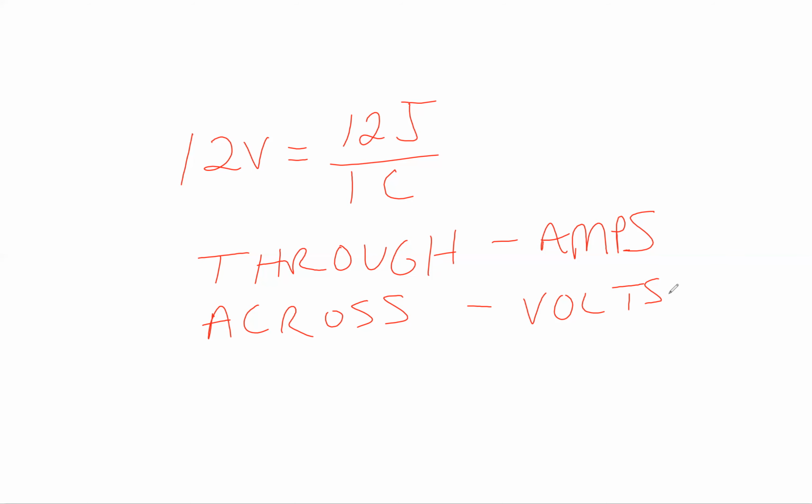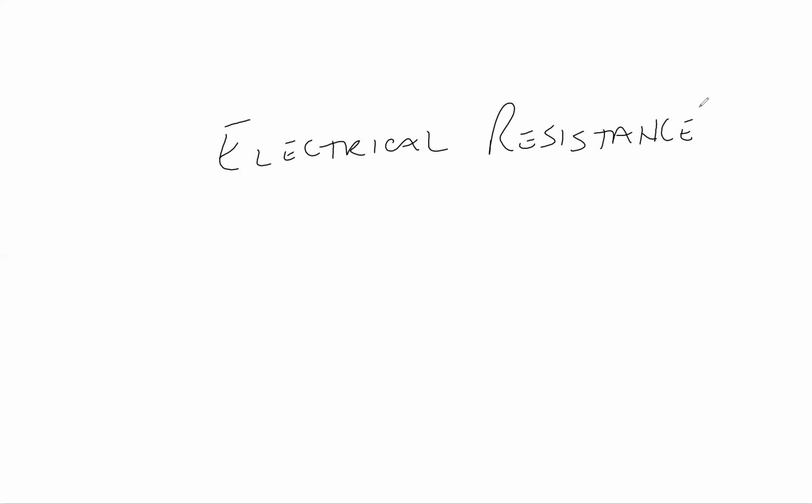All right. Now, one other component of electricity, and one of the whole reasons why we have electricity is because of a phenomenon called electrical resistance. Electrical resistance. So resistance is something that impedes, slows down the flow of electrons through a wire or through a liquid or whatever.